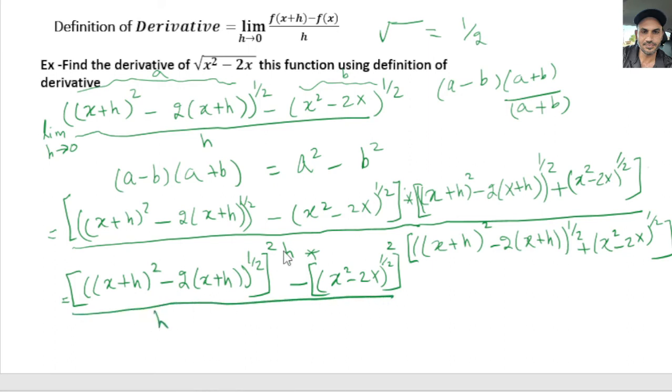we have h right here times this right here, so we have x plus h squared minus 2 x plus h to 1/2.